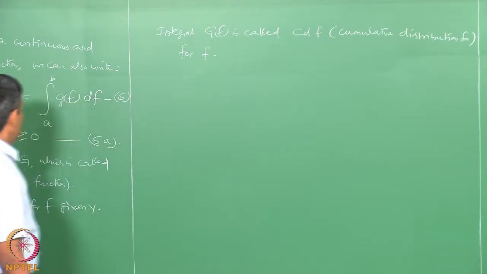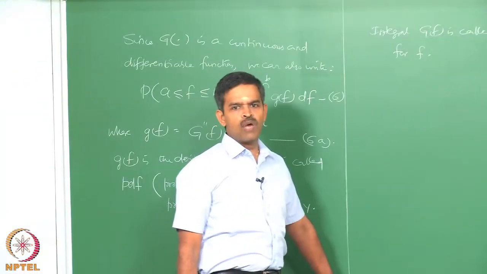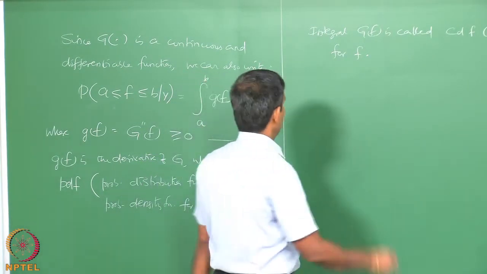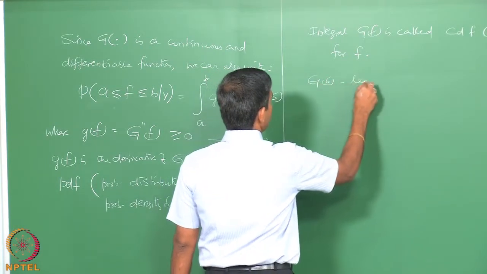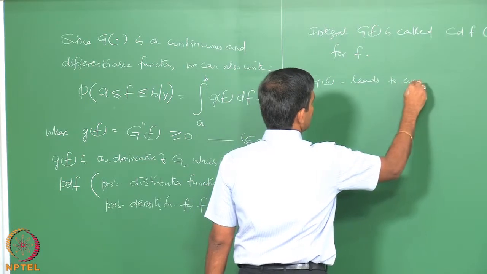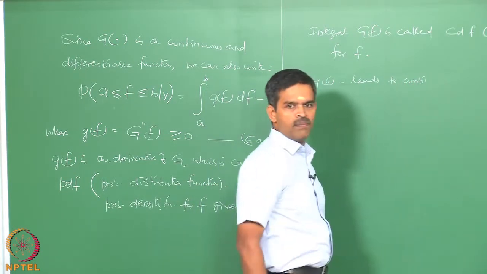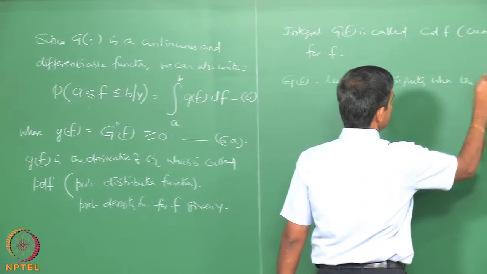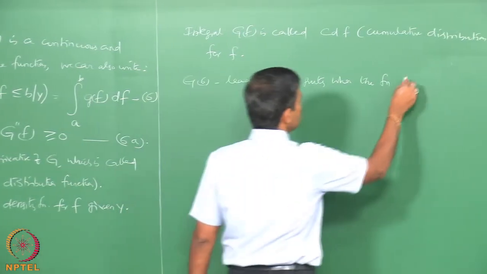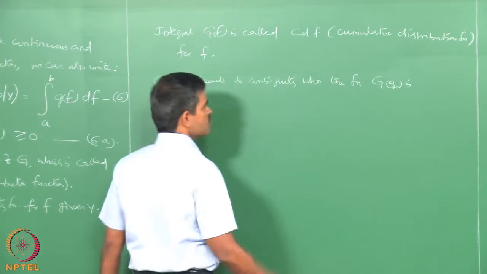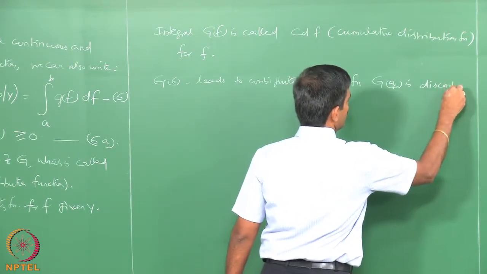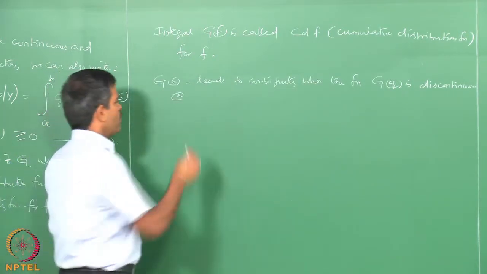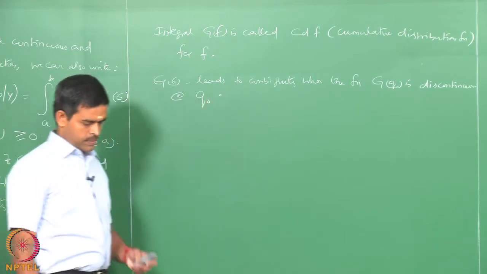The above equation, that is equation 6, leads to ambiguity when G of q is discontinuous at any point q naught. So, equation 6 will lead to ambiguity when the function G of q is discontinuous at any specific point, let us say q naught.